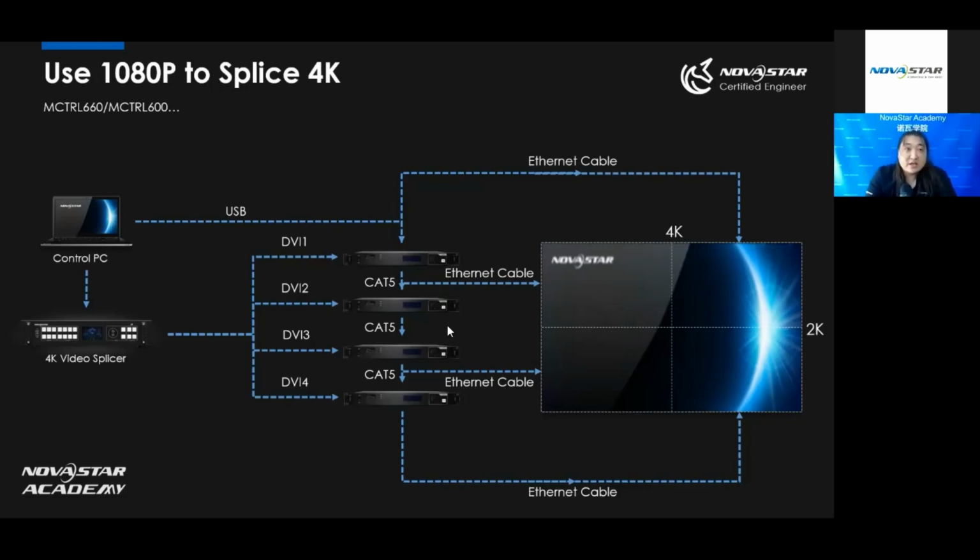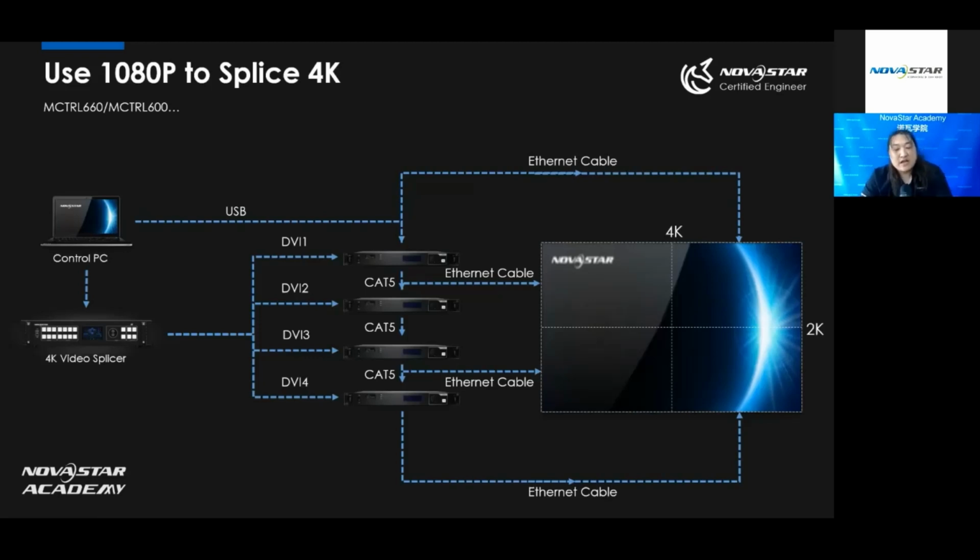First, we need the control PC to give the video source to the video splicer, and then the video splicer gives the video out to the pure sending card and does the mosaic. So that's a really important part. We could just use a computer, video splicer, and the pure sending card here to mosaic a 4K by 2K screen.